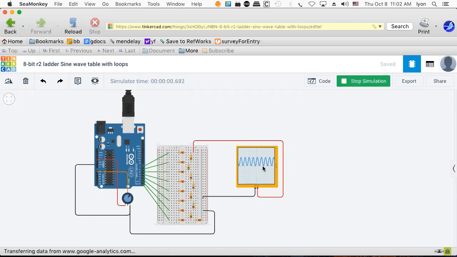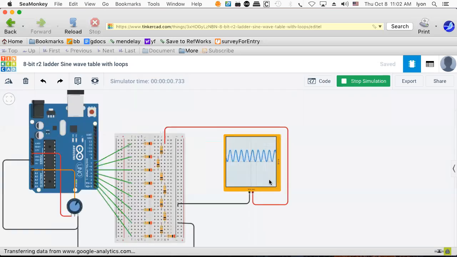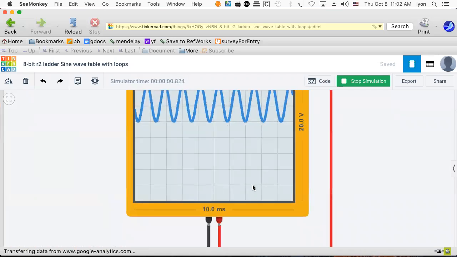You can kind of see what the frequencies are if you zoom in here and you say, aha, this is 10 milliseconds. From this trough to that trough is about 10 milliseconds. So that's 10 1,000ths of a second. So 10 goes into 1,000 perhaps 100 times. So that could be a 100 hertz output, at least in simulation.